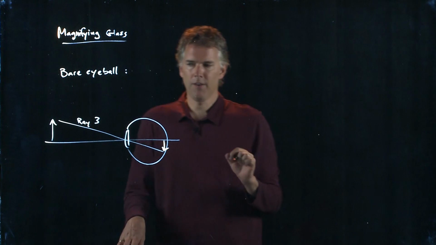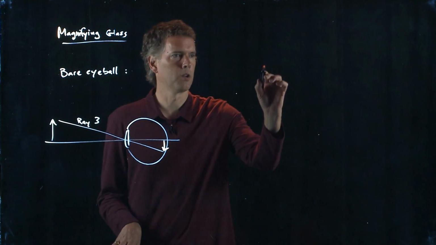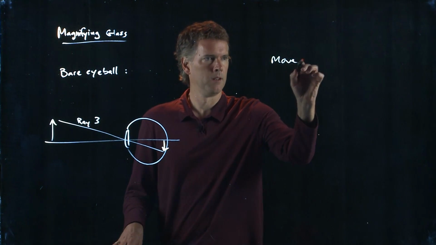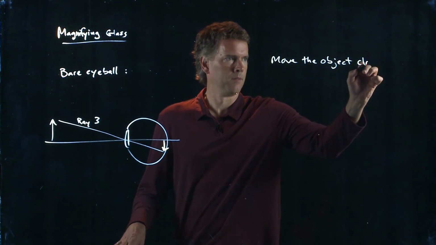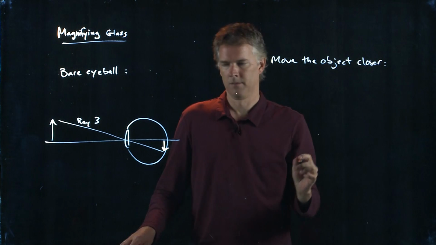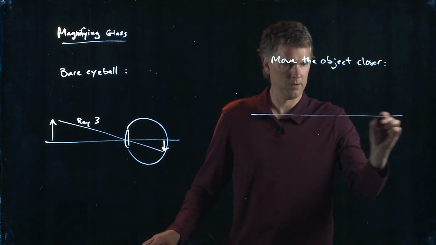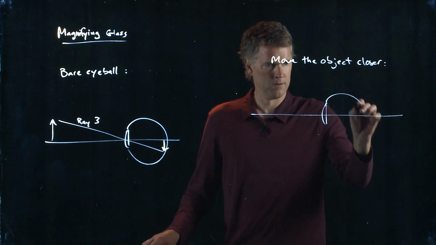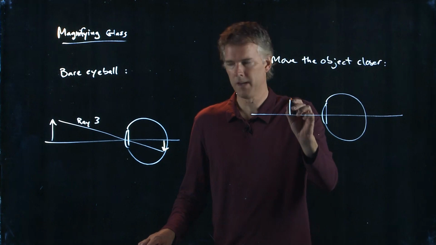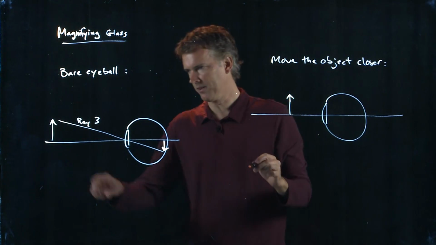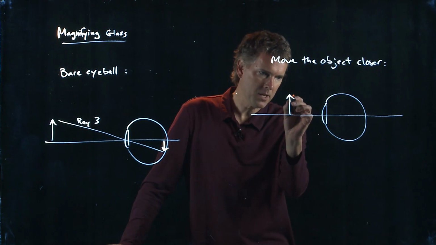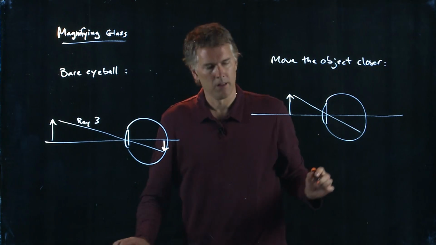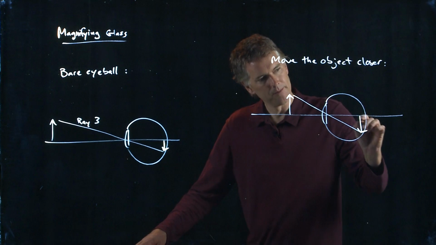But if I move the object closer, what's going to happen? Okay, here's my picture again. And now when I move the object, and we'll try to draw it basically the same size, if I think about ray 3, that image got bigger.